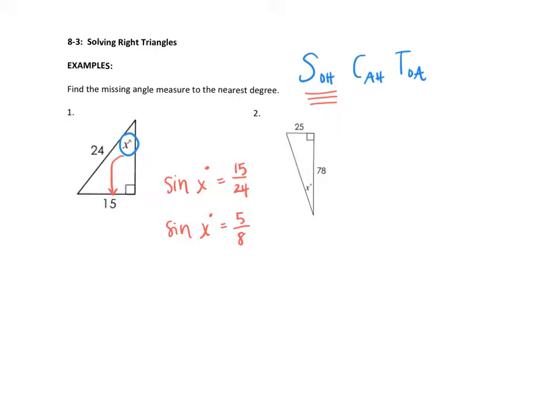Now, this is where the difference comes in. We cannot plug in sine of x on our calculator based on what you know so far. But what we can do is we have an inverse function. And so if you look at your calculator right now, right above where it says sine, in blue, you should see the inverse.